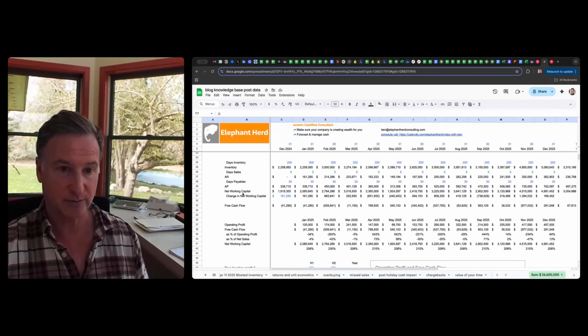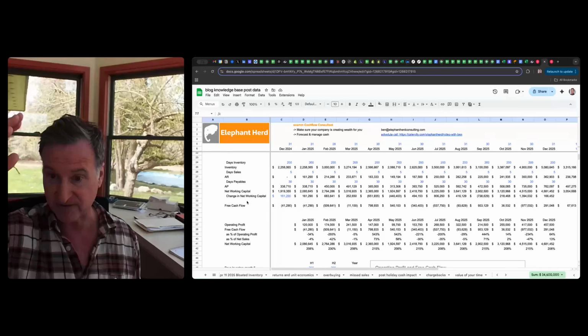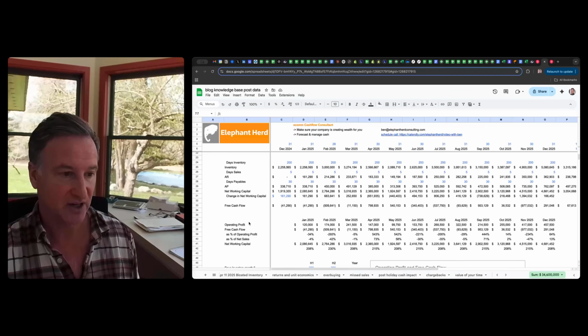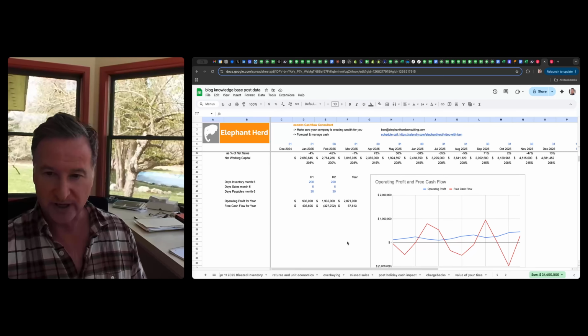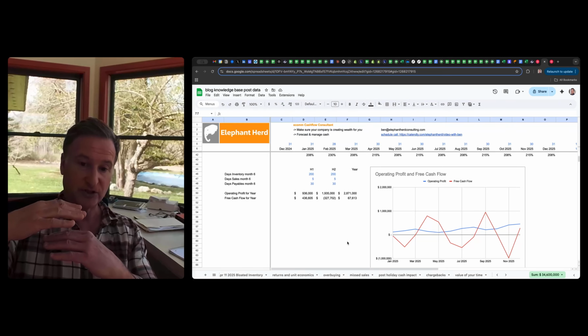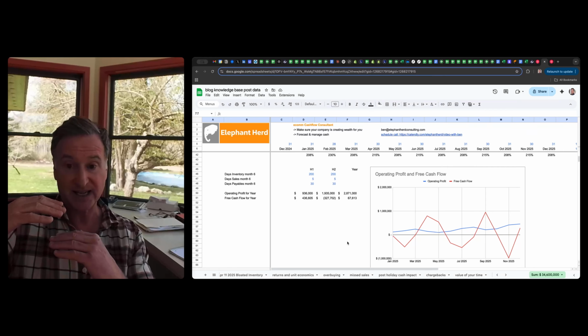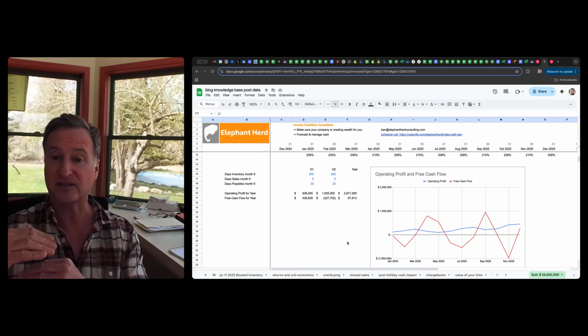So those are the things that are moving it, and changes in your net working capital are driving the ups and downs of your free cash flow. Our goal here is to really reduce the amplitude of those swings between the positives and negatives, make it easier for us to manage this business and handle the cash needs of this business.